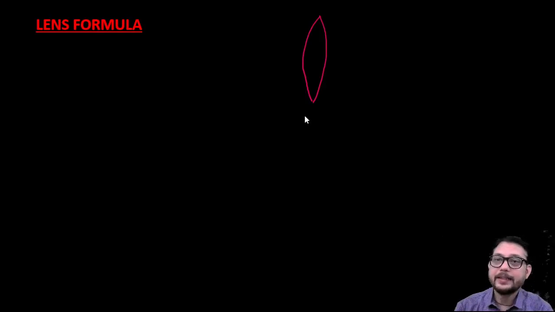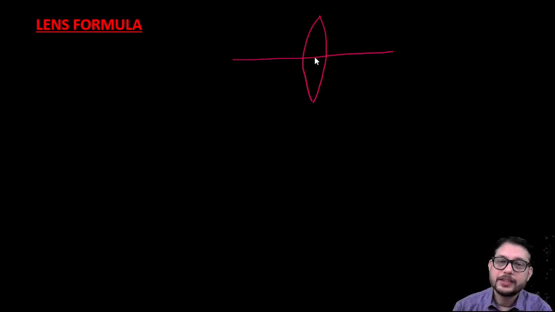Let's get started. Firstly we will draw a principal axis. So let's suppose this is your principal axis, like this way, and on this principal axis we have a few points.